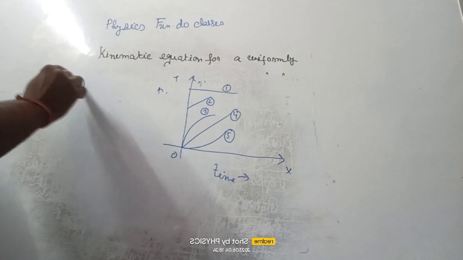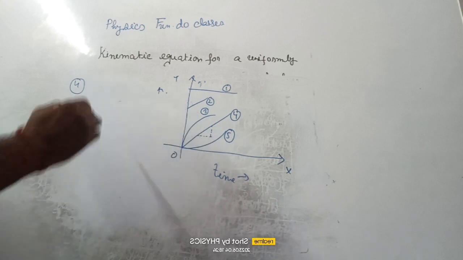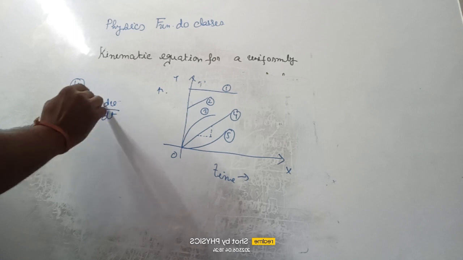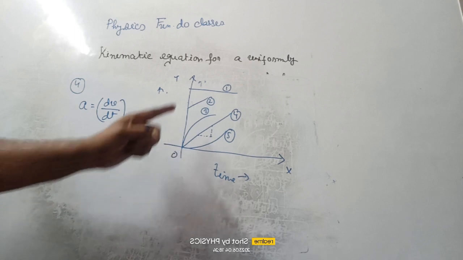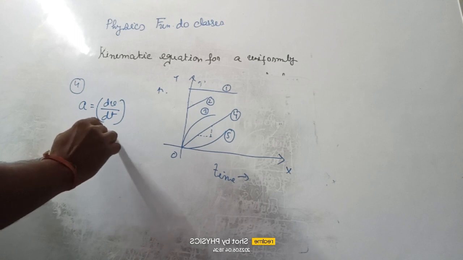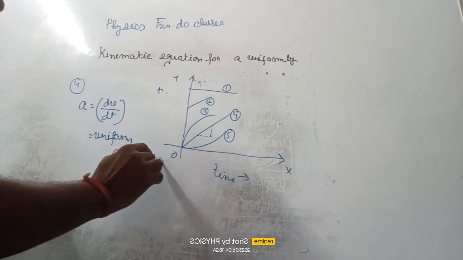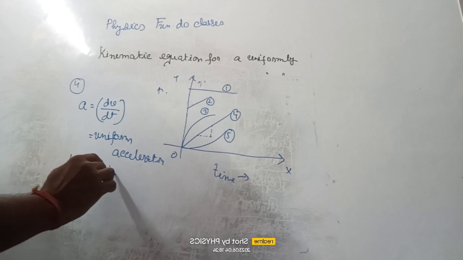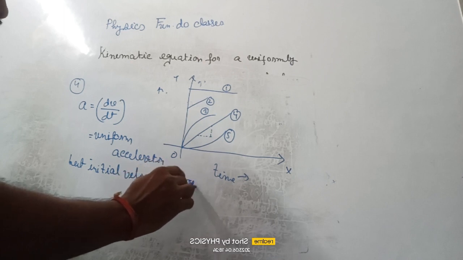For the fourth graph, we see that this is the slope, the acceleration equal to dv by dt. The change in velocity with respect to the change in the time interval is equal in that case. So acceleration is here the uniform acceleration, but the initial velocity is 0.